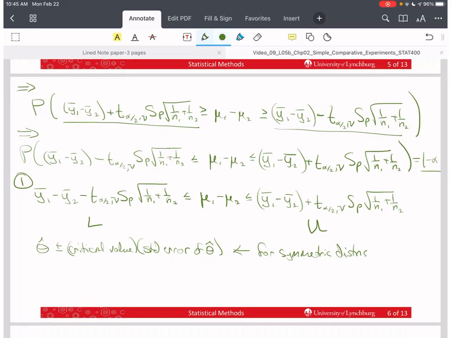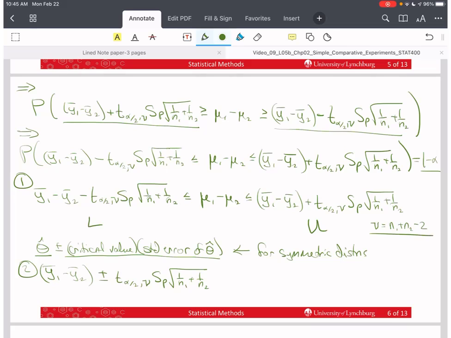The second way to write this is y1 bar minus y2 bar plus or minus t alpha over 2 comma nu s sub p square root of 1 over n1 plus 1 over n2, and I need to put nu, this is important, is equal to n1 plus n2 minus 2. Okay?